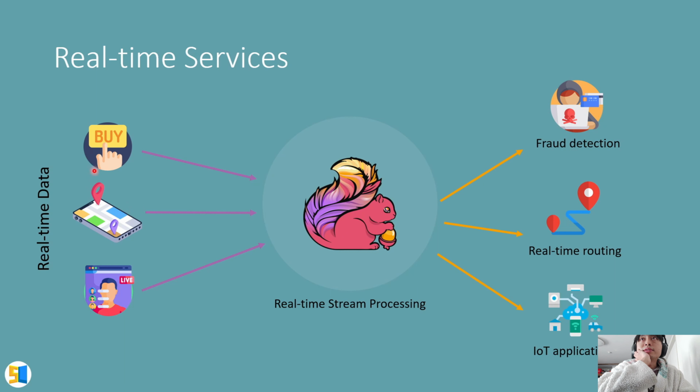For example, purchase events, GPS or location events, or live streaming events, and the company wants to utilize this real-time data to detect fraudulent activities, for real-time routing in navigation or in warehousing, usually in e-commerce, or to execute commands in IoT applications based on sensors that they receive.